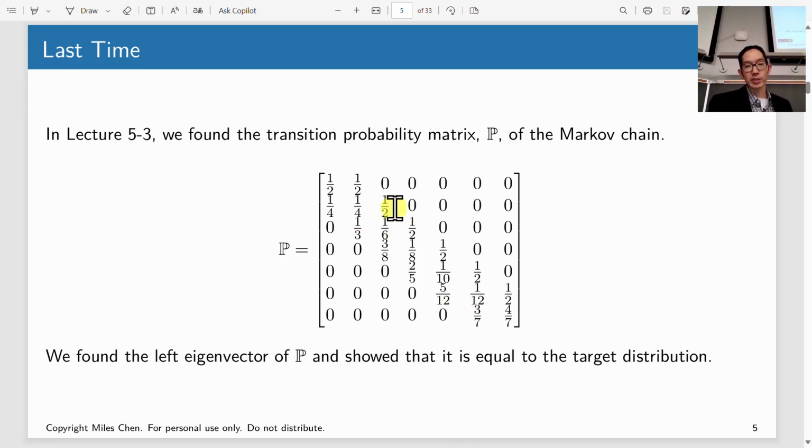We spent some time on Friday doing this, and this was our transition probability matrix. If you look at the Markov chain as designed by this probability matrix, this Markov chain will be ergodic.